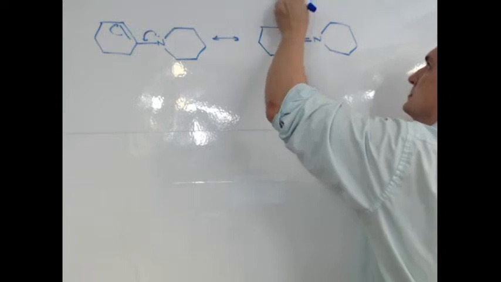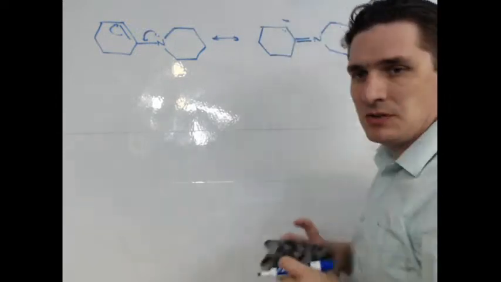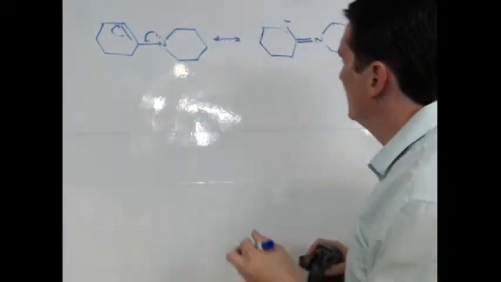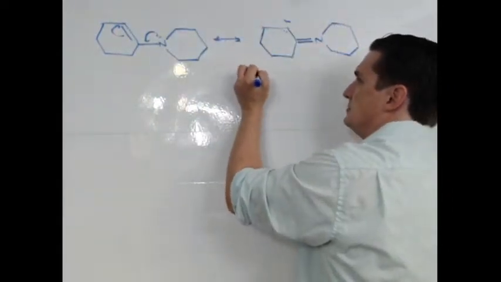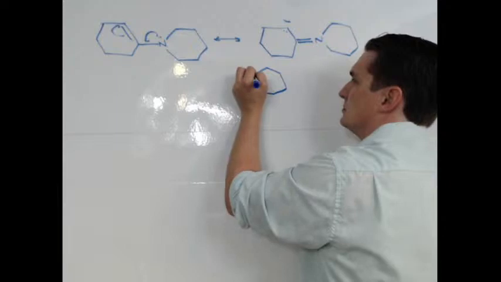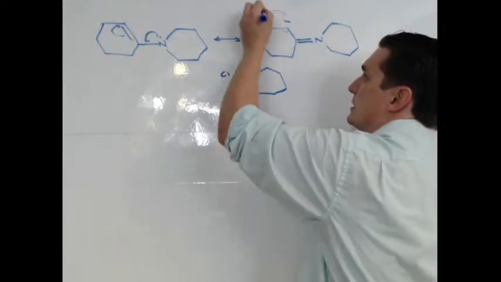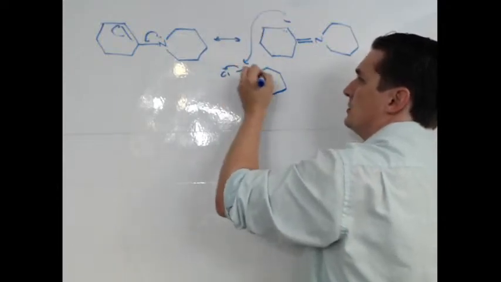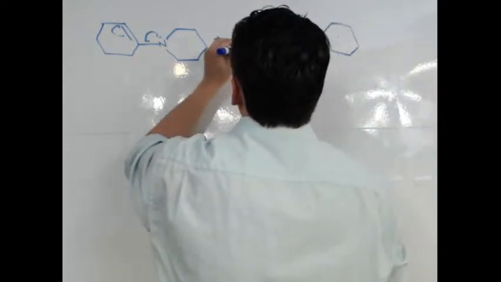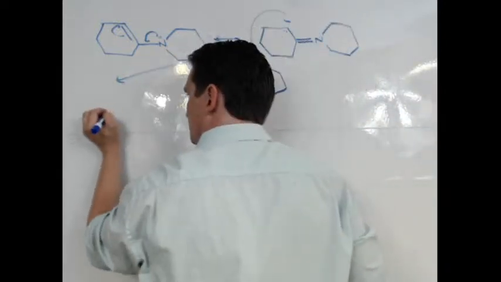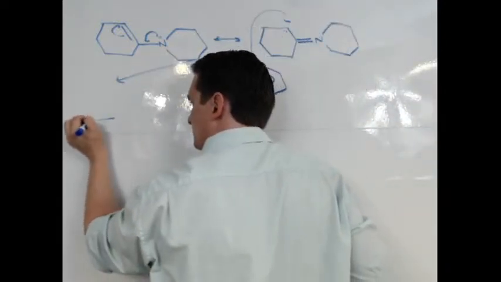Make sure you can still see that on the video. So we've got chlorobenzene. That's going to attack, knock the chlorine off, and it's ultimately going to give us this product.